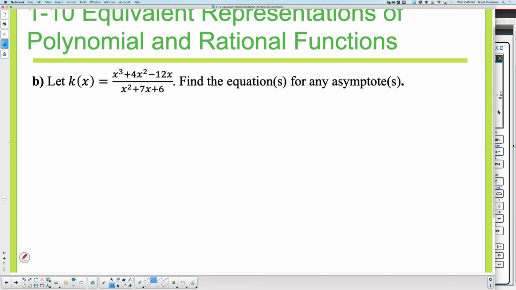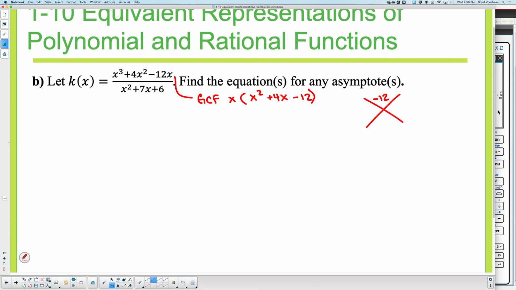I can first see that I have a GCF here. So I'm going to have a GCF of x. If I pull out the x, I have x squared plus 4x minus 12. Now I can go further and X method this right here.